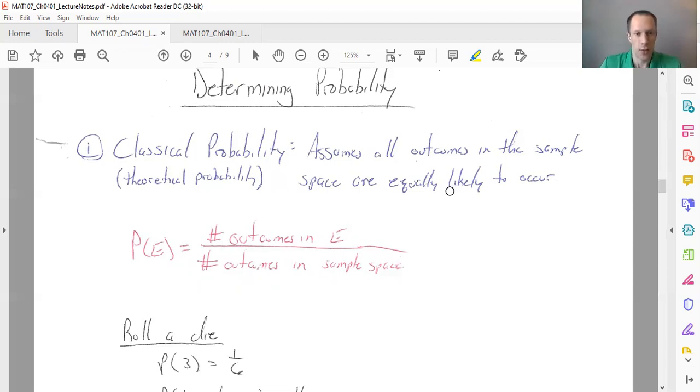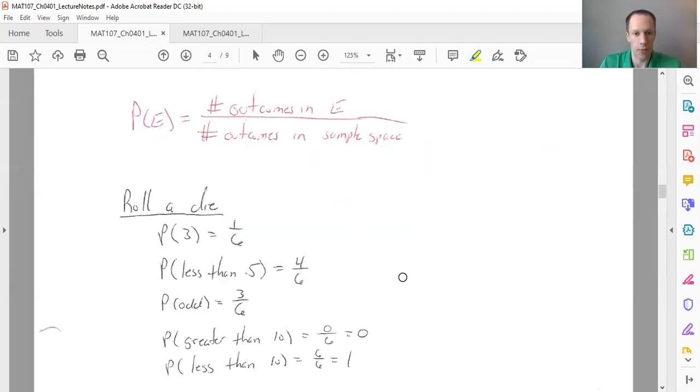If you're doing classical probability analysis, the probability of your event can be found just by counting how many outcomes are in the event and dividing that by the number of outcomes in the sample space. So for example, let's think of rolling a die. If I said, what's the probability of getting the number 3? Well, let's think of the sample space here for the experiment where we're rolling a die.